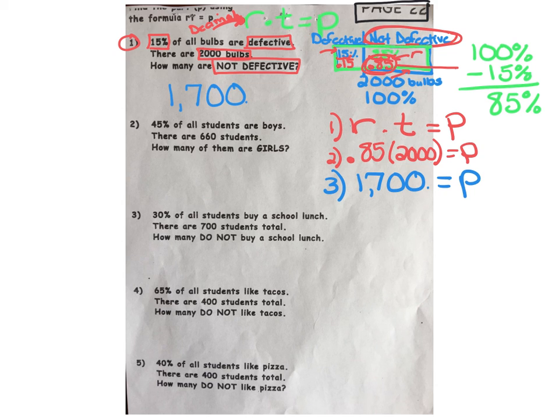That represents this part of the bar, 1,700, out of 2,000 bulbs total. That's what we were after. Let's move on and try another one.